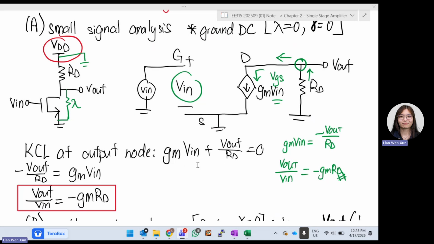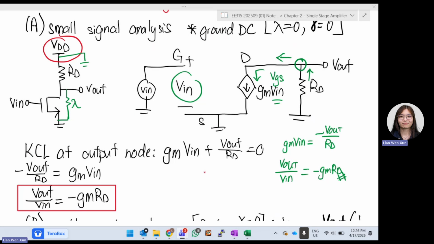So you can say GM V in is equal to, instead of writing the KCL, here is your V out, here is your ground, 0. So your current flows from bottom to top, and then flows to your GM V in.